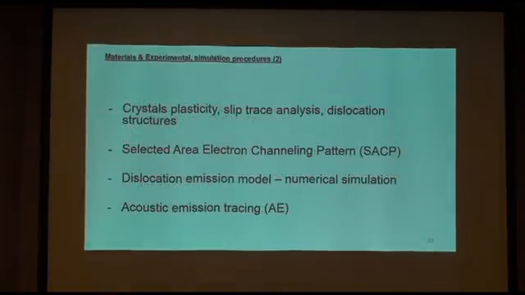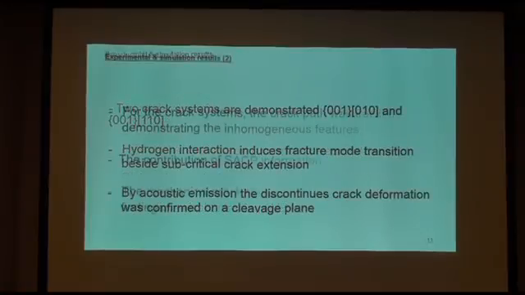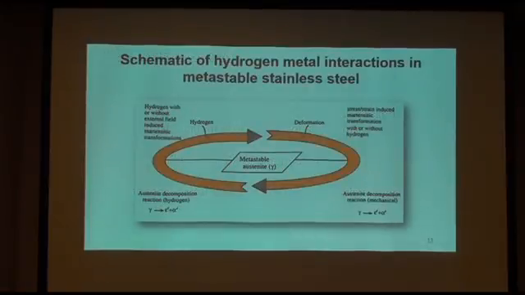Sorry that I'm running here in order to save some time. This is a case, just for your information, that deals with hydrogen in a polycrystalline material. In this case, it's stainless steel.